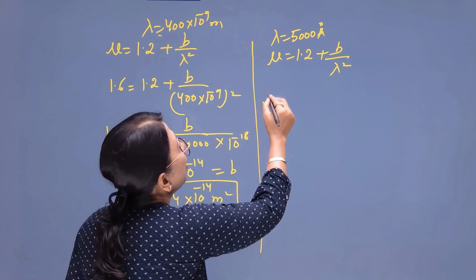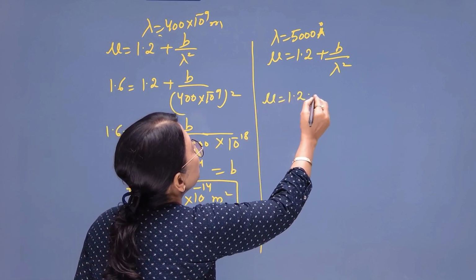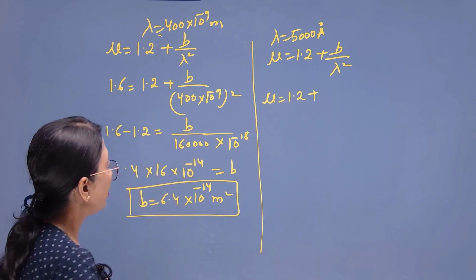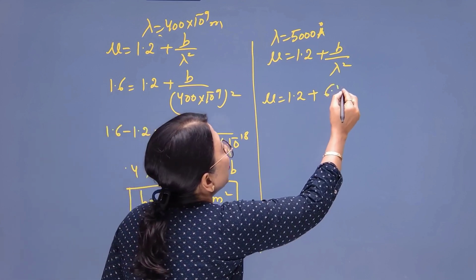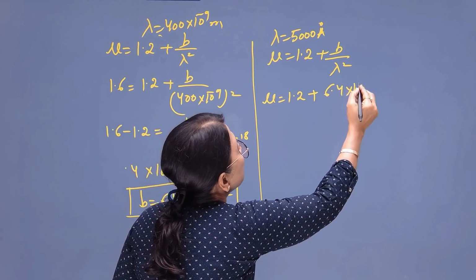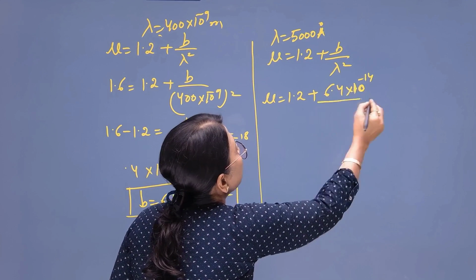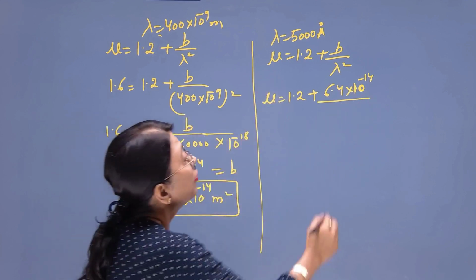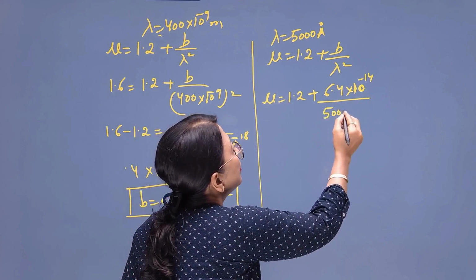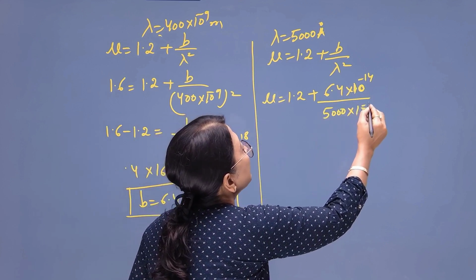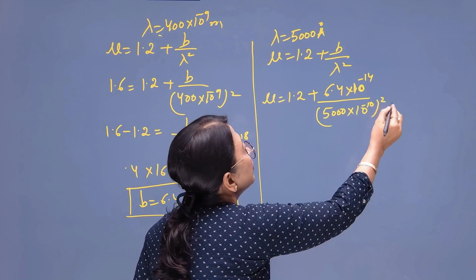So mu will come out as 1.2 plus b. b की वैल्यू कितनी है? 6.4 into 10 to the power minus 14 divided by lambda is how much? 5000 into 10 to the power minus 10 whole square. Square it.